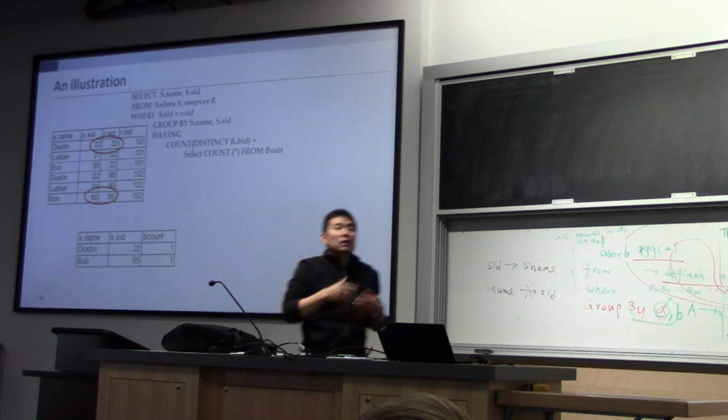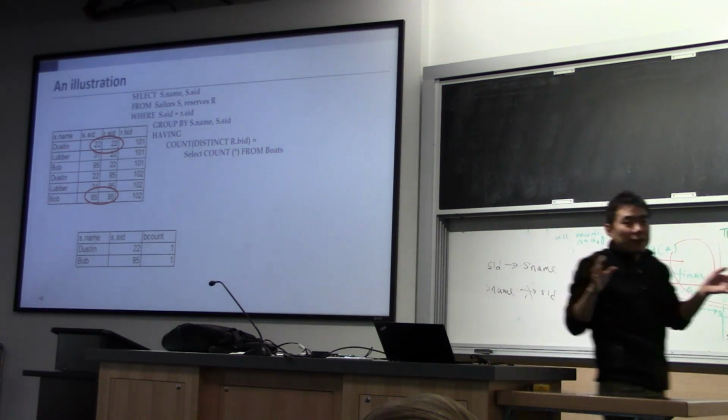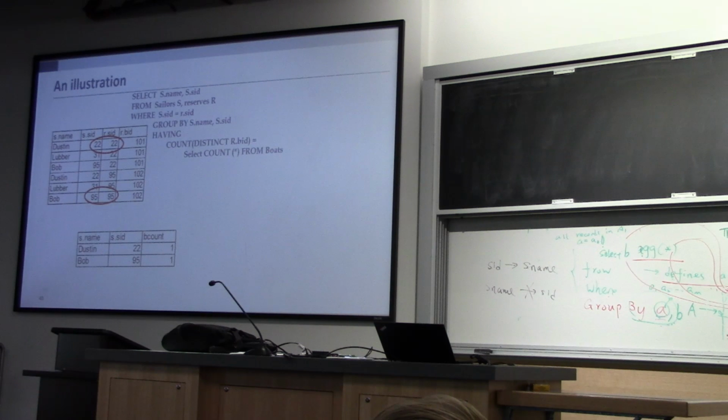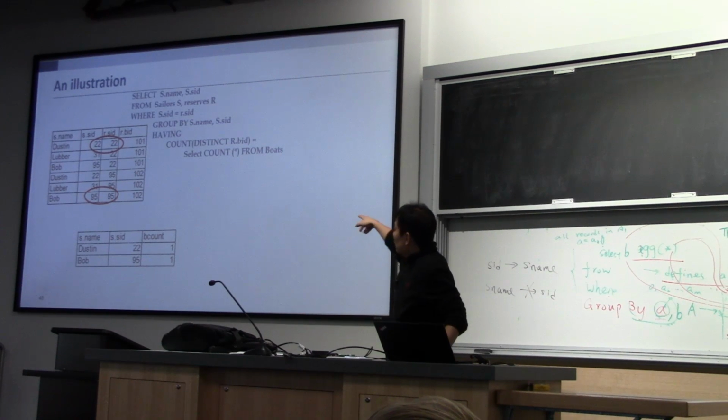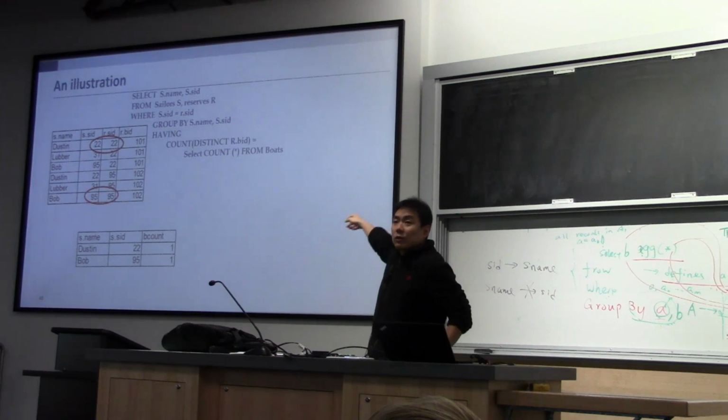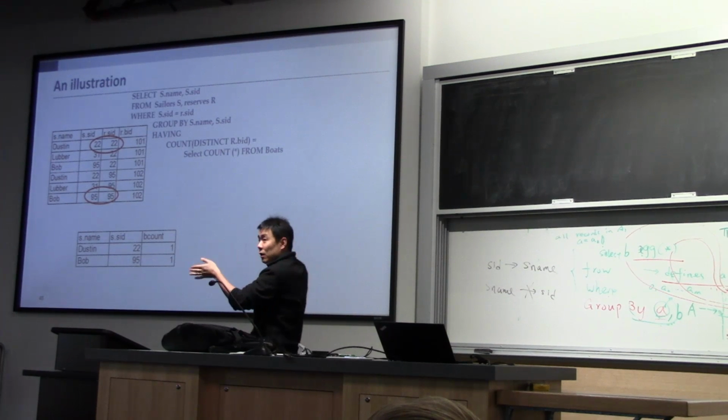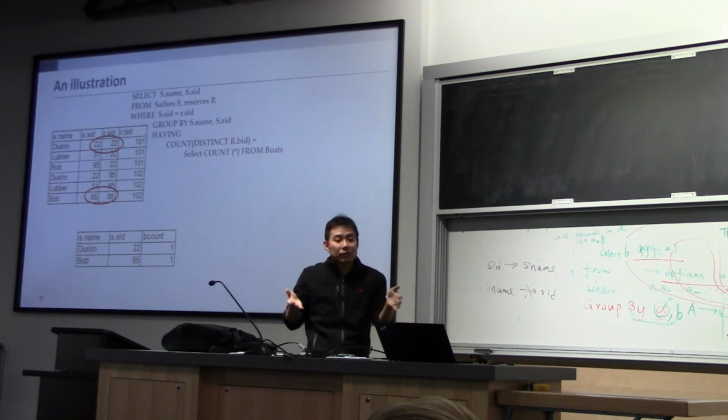In this case, the distinct actually has no effect because each sailor has reserved just one boat. You cannot possibly have any duplicates when you have only one record in each group. So this has no effect in this case. Count is one. Then you check against the nested query, the second SQL block, which is the total number of boats you have.